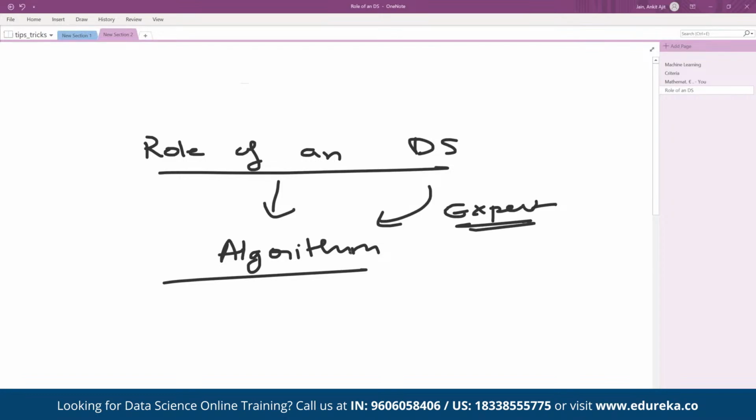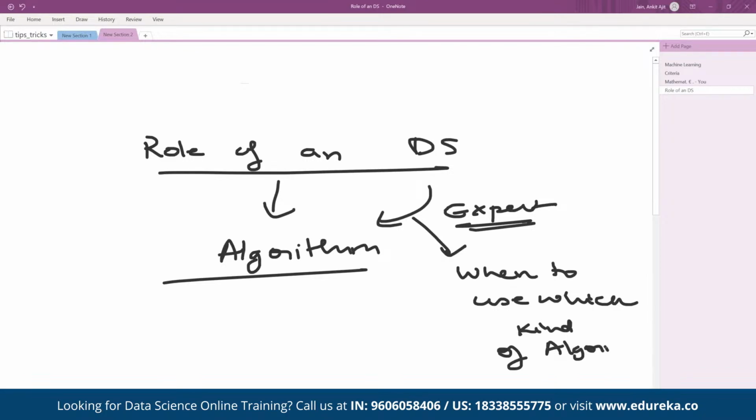Okay, you exactly understand what an algorithm is, why it should be used, when it should be used. So a data scientist knows when to use which kind of algorithm. Okay, so this is the role of us.